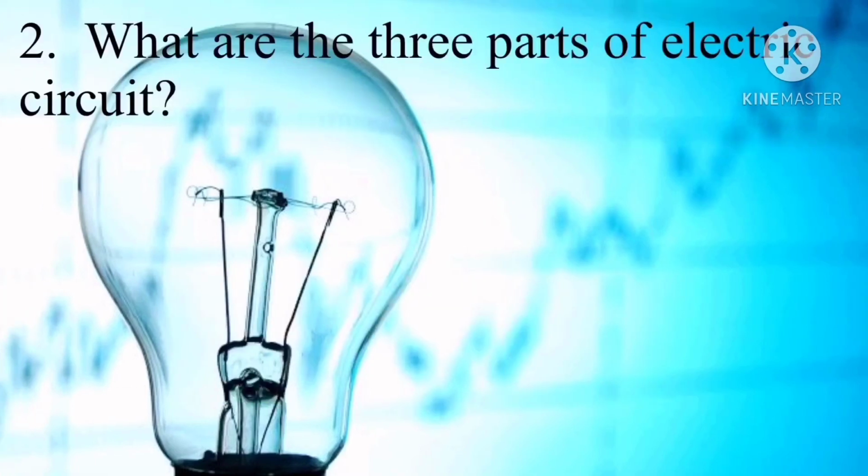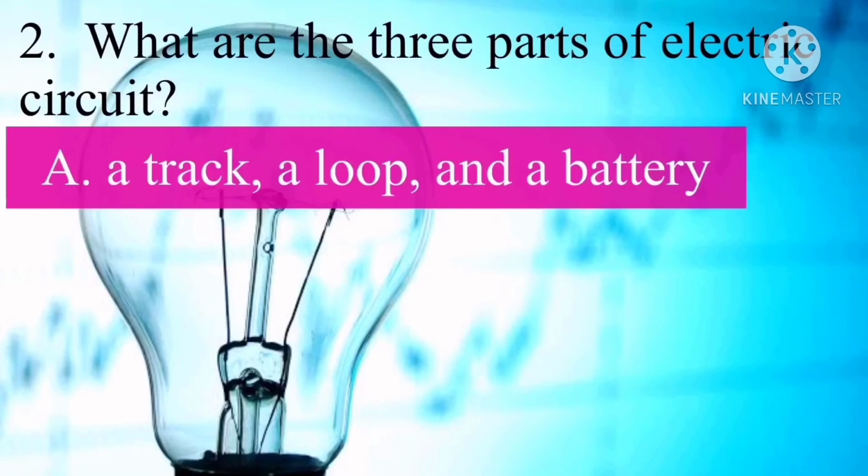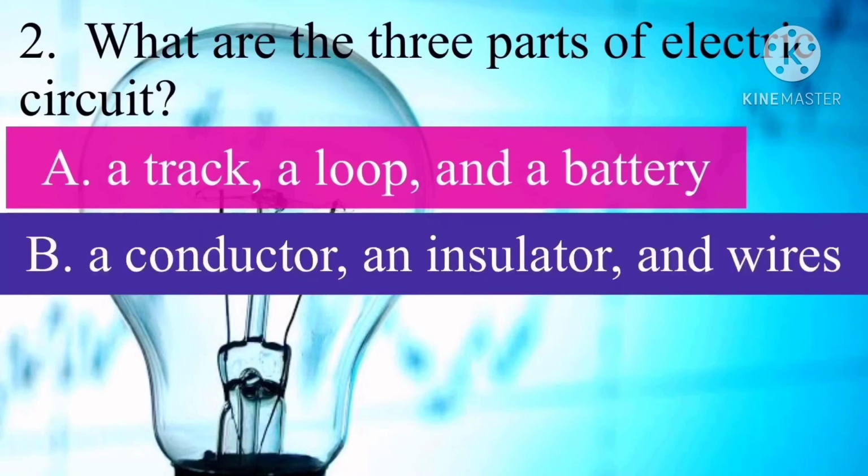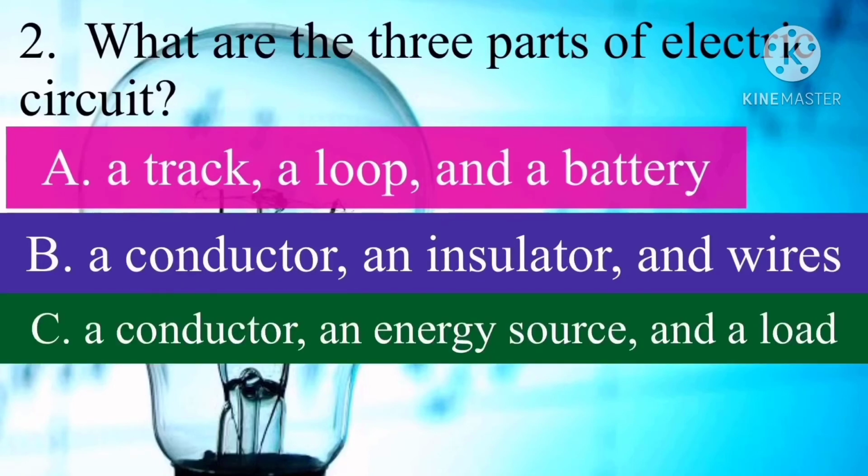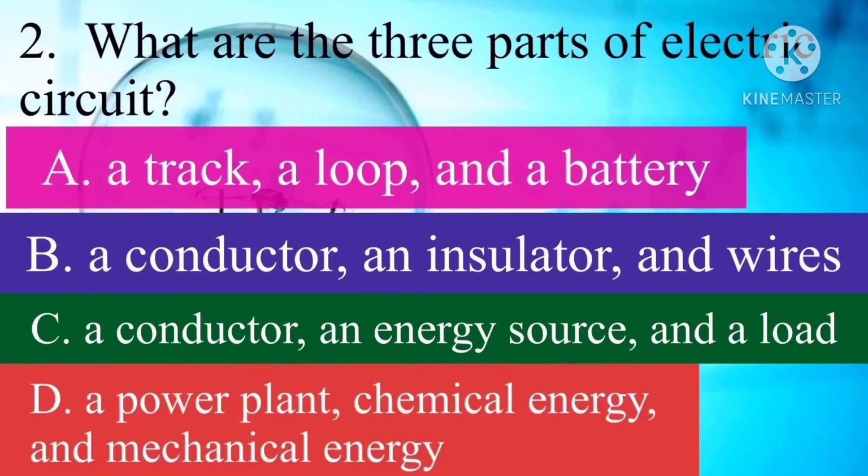Question number 2. What are the three parts of electric circuit? A. A track, a loop, and a battery. B. A conductor, an insulator, and wires. C. A conductor, an energy source, and a load.